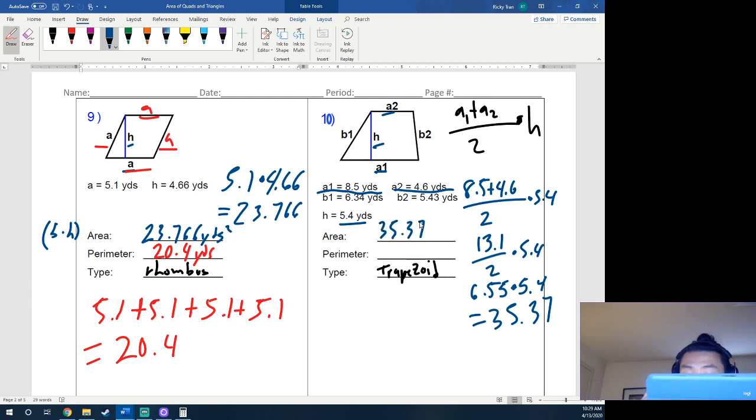35.37 yards squared. Okay, and the perimeter is the sum of all the sides. So A1 plus B1 plus A2 plus B2. This plus this plus this plus this.